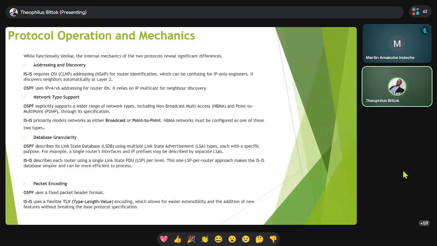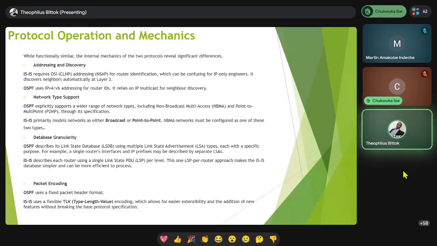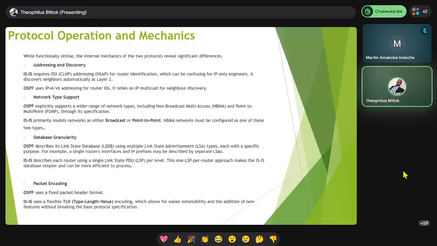This feature makes ISIS a protocol that can support new things easily: if you need to add something new, you just create a new TLV, and say this TLV is to support function X or function Y.